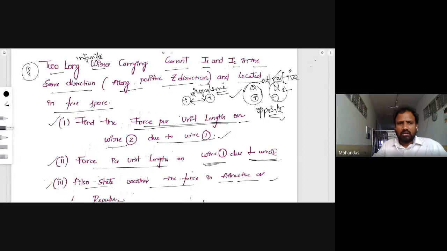See, now this is the problem here. This is the electric force between the two charges. Both charges are here.